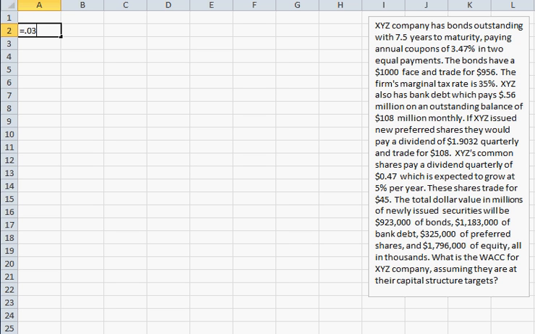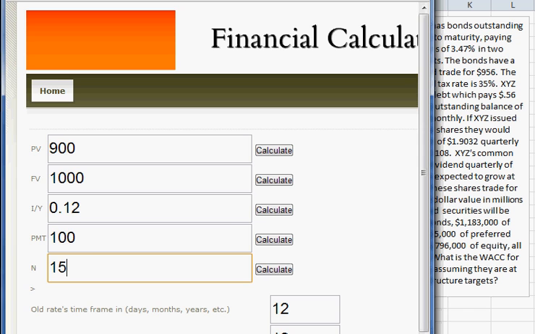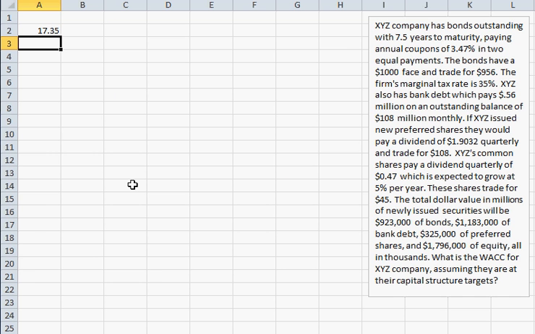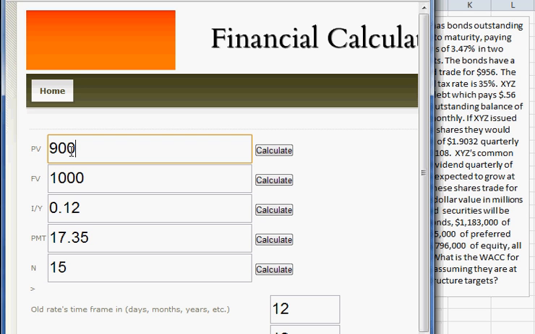So 0.0347 times 1,000 divided by 2. So $17.35 is the payment. We have a face value of $1,000, and the bonds trade for $956. That's telling us the present value, so we can calculate the yield.